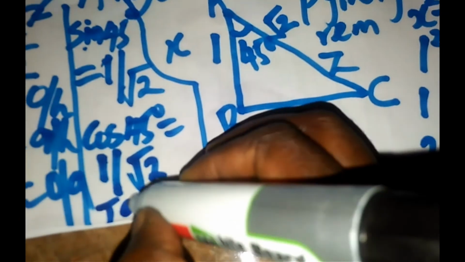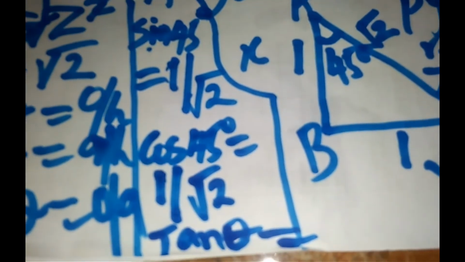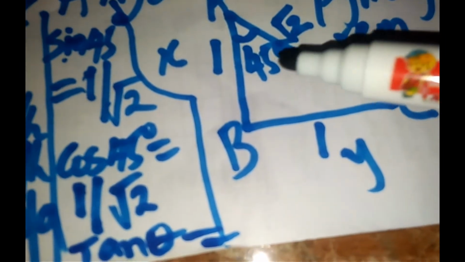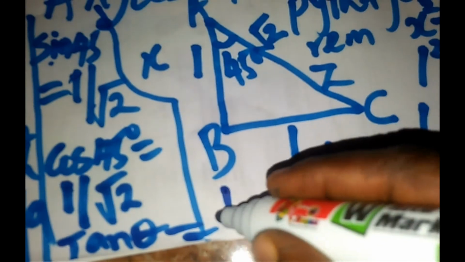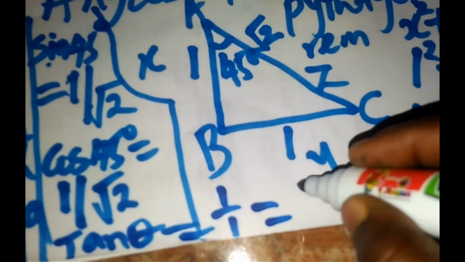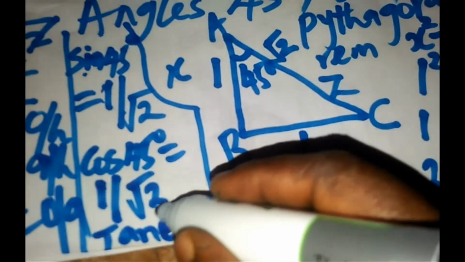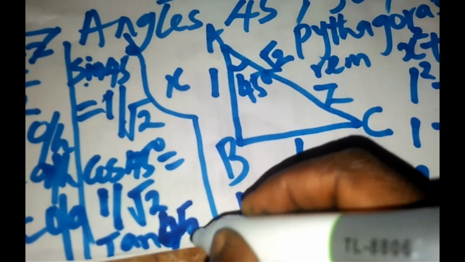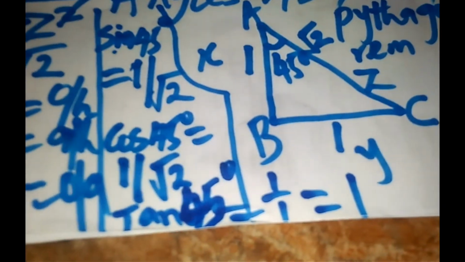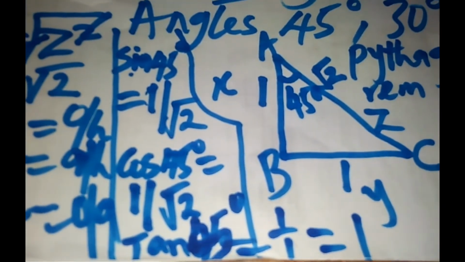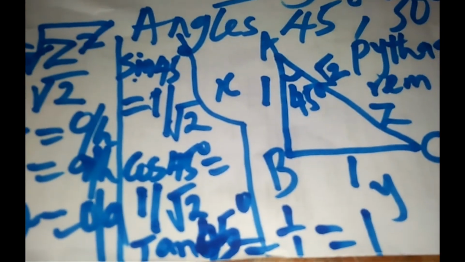Okay, so tan theta is opposite over adjacent. So since this is opposite and this is adjacent, tan theta will be equal to 1 over 1, which is equal to 1. So sorry, tan 45, not tan theta this time around, tan 45 degrees. We are now considering the degree.